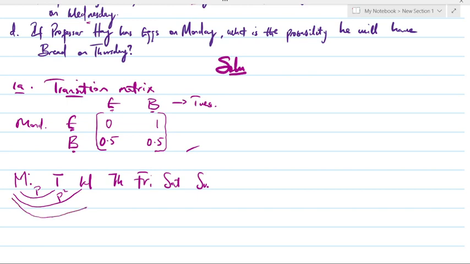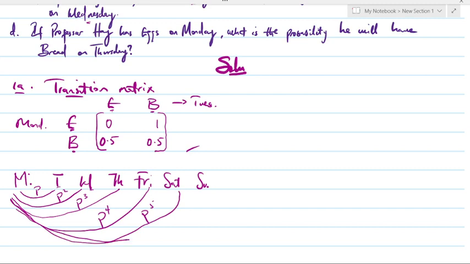From Monday to Thursday, that is P cubed; we are passing Tuesday and Wednesday. From Monday to Friday, that is P4. From Monday to Saturday, that is P5, and from Monday to Sunday, that is P6. I believe you understand that analogy, so that will help us a lot.